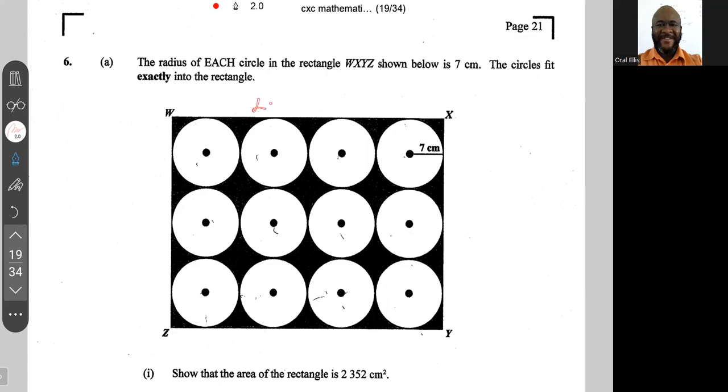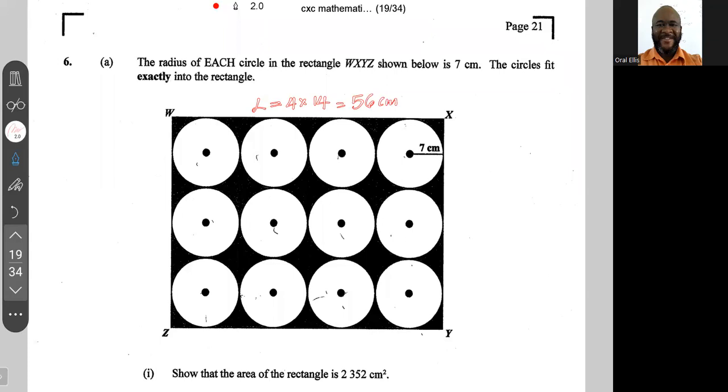Now, the length of the rectangle here is, there are 4 circles, and the length of the 4 diameters together is equal to the length of the rectangle. So this is 4 times 14. The radius is 7, the diameter is 14. Now 4 times 14 is 56. So the length is 56 centimeters.